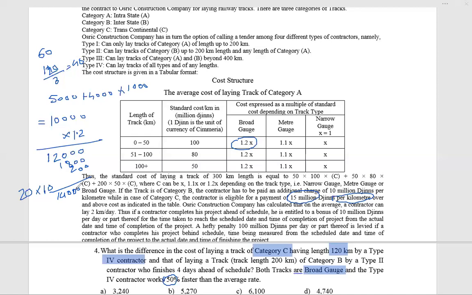What we need to find out is the difference. What about the other person?